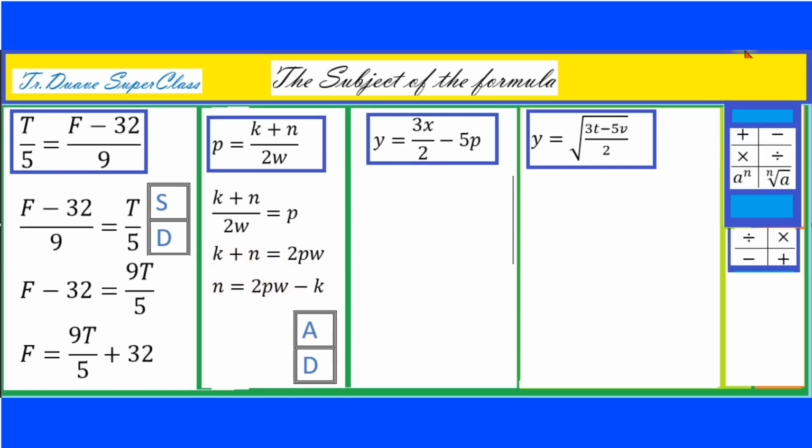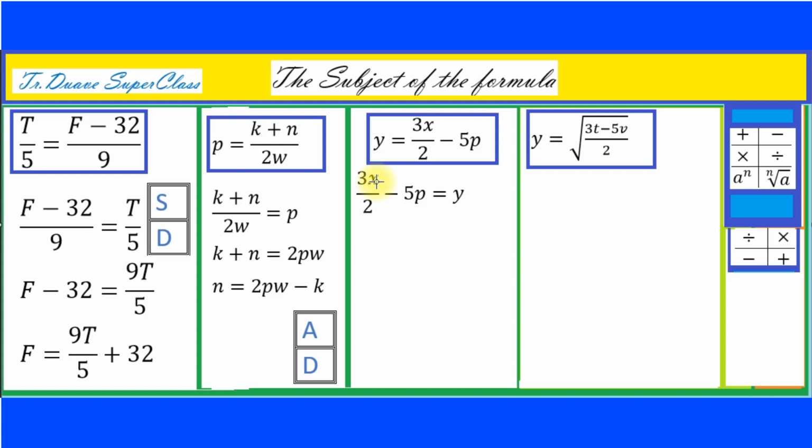All right, so now let's look at this exercise. Y equals 3x over 2 minus 5p. The first step is to switch their positions to make the subject of the formula on the left side. The subject of the formula here is x. We want to make x the subject of this formula, right?